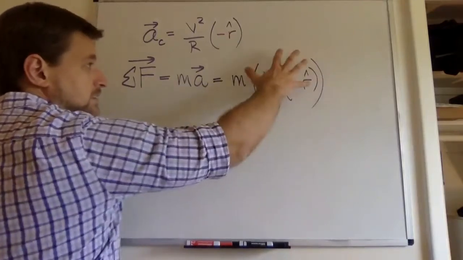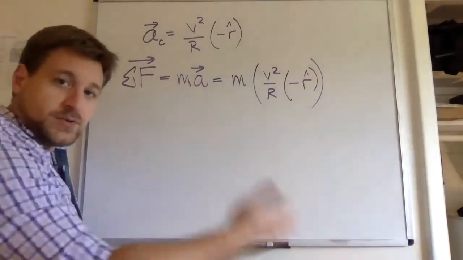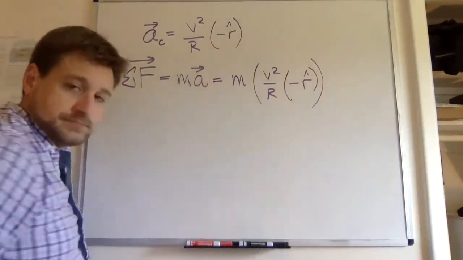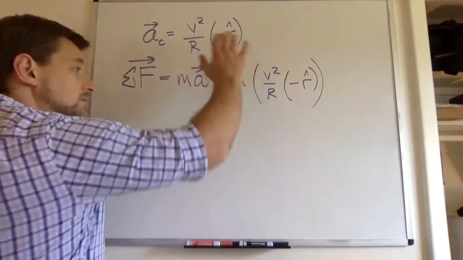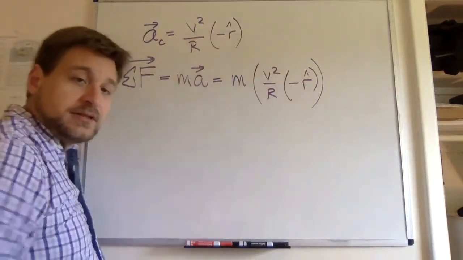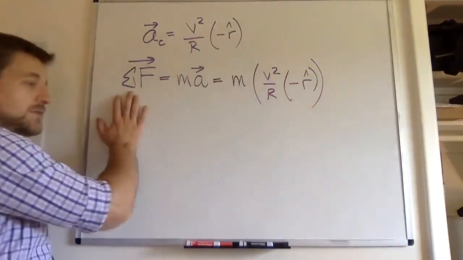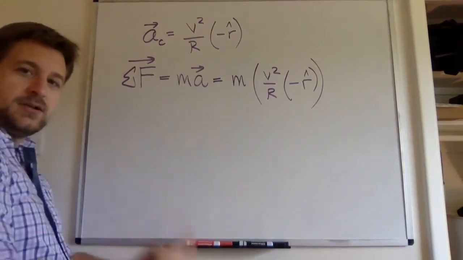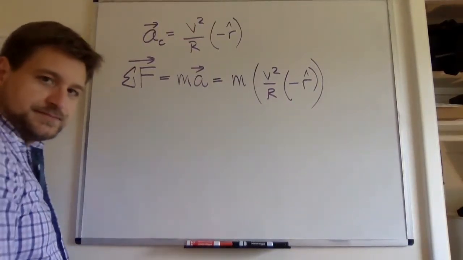This is not a force. I can't go find an example of this force. This is a requirement. It's the thing that the forces together must accomplish in order to achieve circular motion.